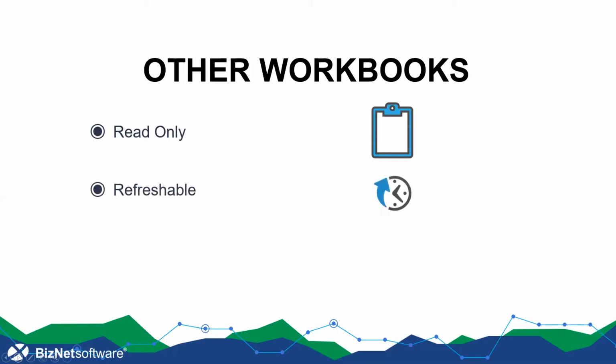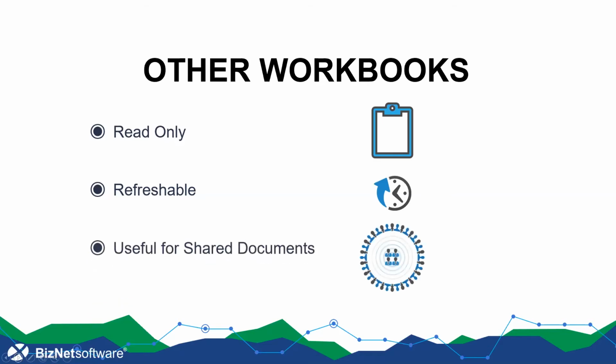And on top of that, it's refreshable. Say you have a shared workbook in a network location that everybody can get to, and you just have one person in charge of updating it. They have it password protected. Other people can reference that workbook to get the data, and then as things change, when it's updated, they can click refresh and it would refresh as well.